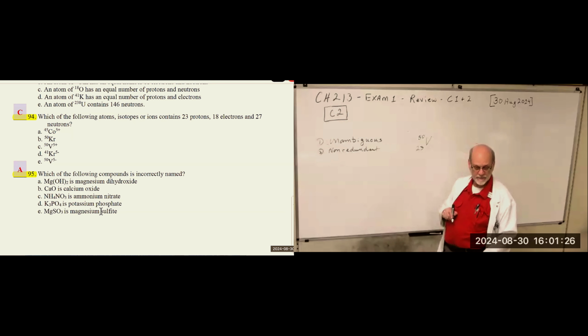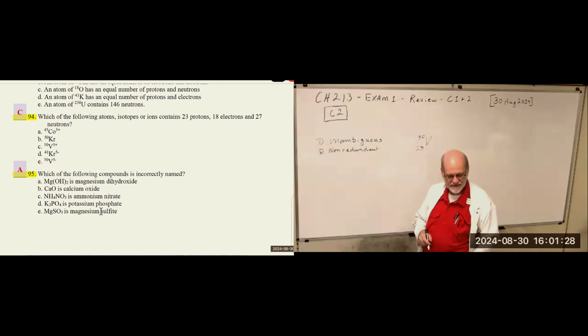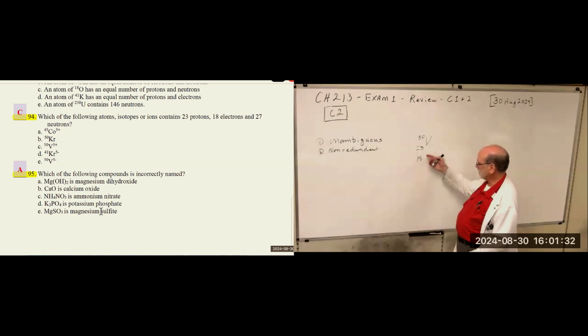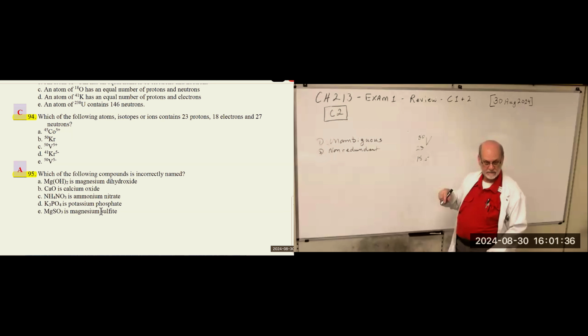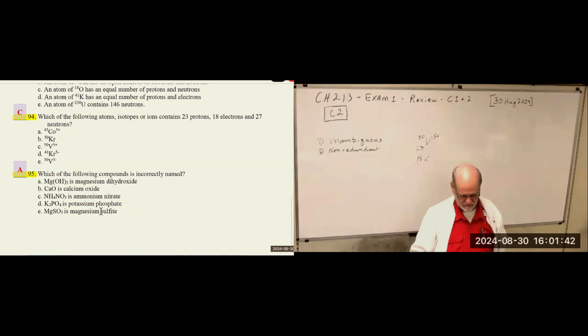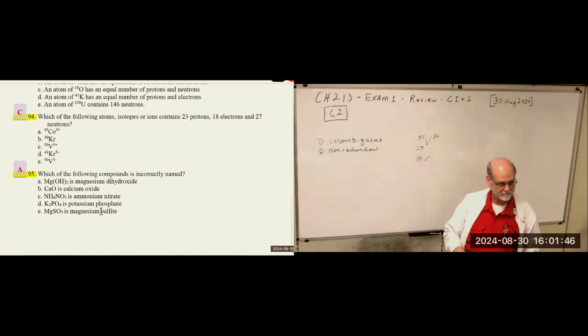Yeah, 50 up there. And the charge, if it has 18 electrons, the difference there is a +5, isn't it? So 50, 5+, and 23 for vanadium is C. Okay.